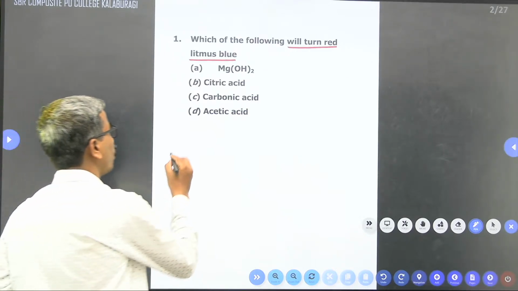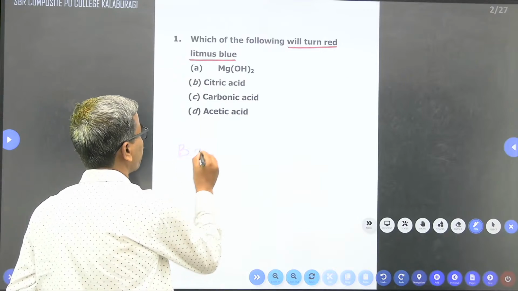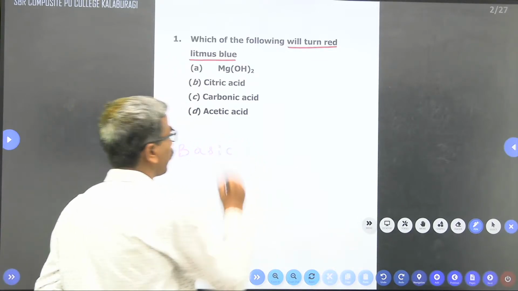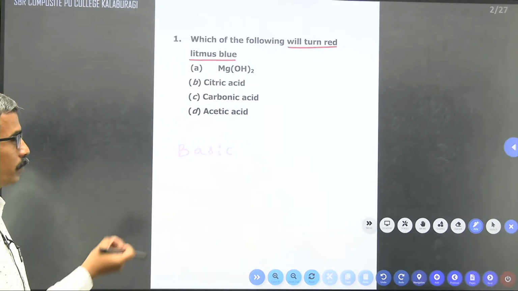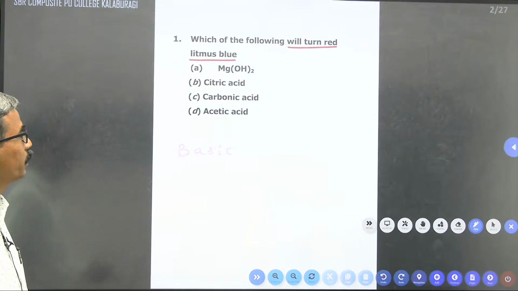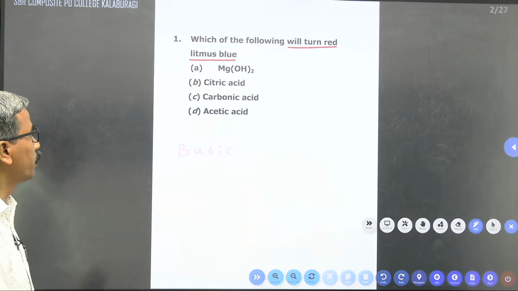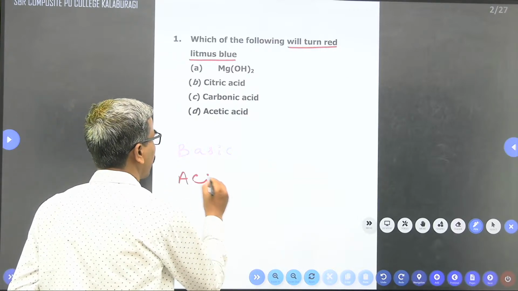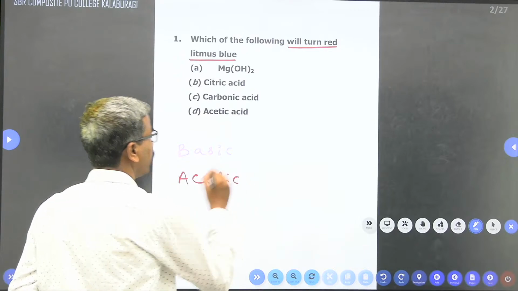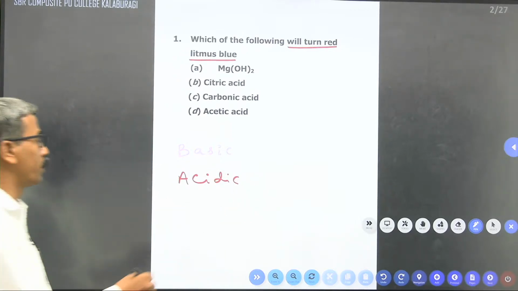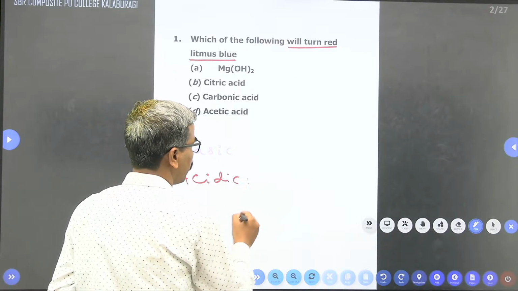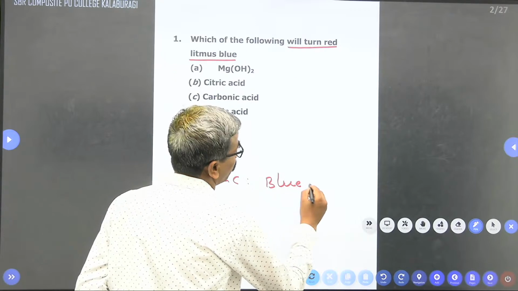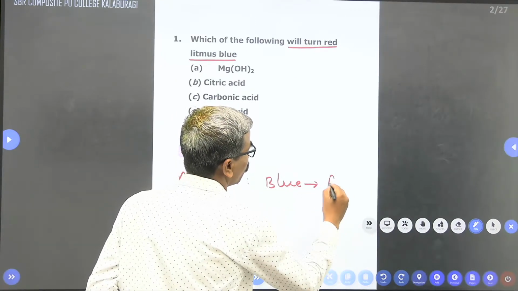If your solution is basic, and you take a small amount of that solution and add it on a litmus paper, then what is the observation? Similarly, if your compound is acidic, then the blue litmus paper will turn into red.